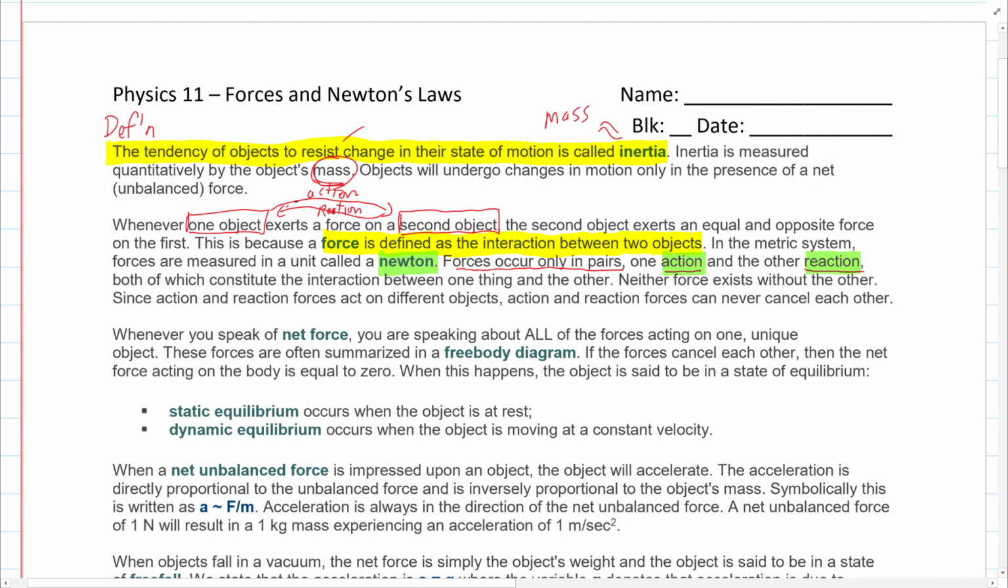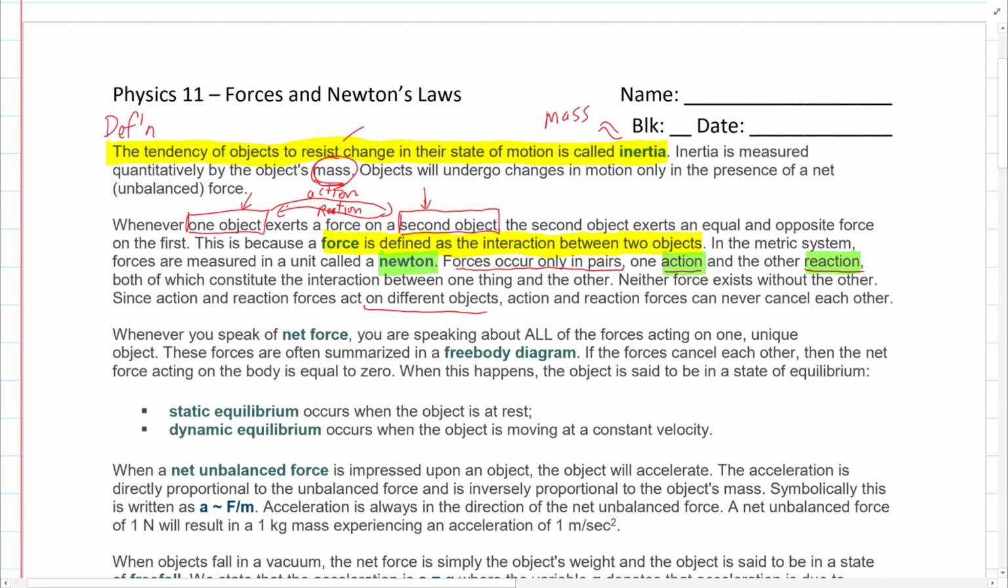Just notice the action's on this guy and the reaction is being acted upon that guy. So the two forces occur, but they're on different objects. Action and reaction forces can never cancel each other out because they can't add up, because they're on separate objects.